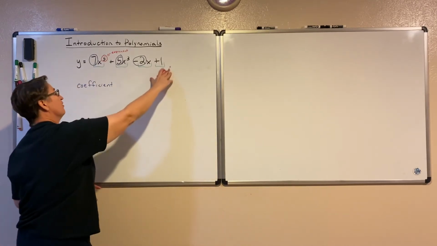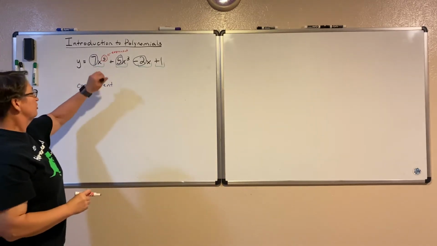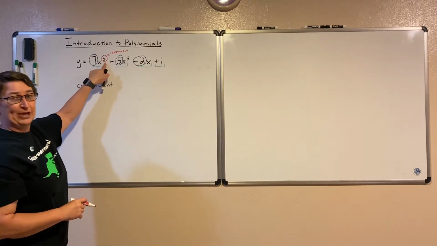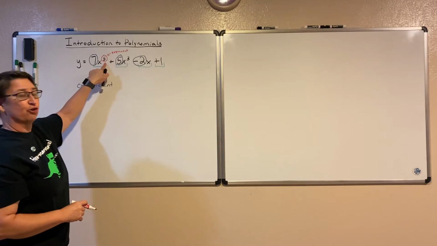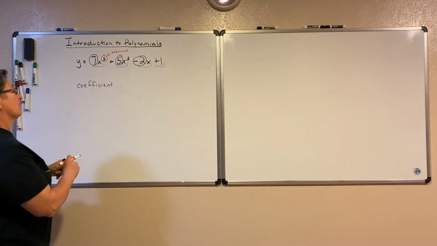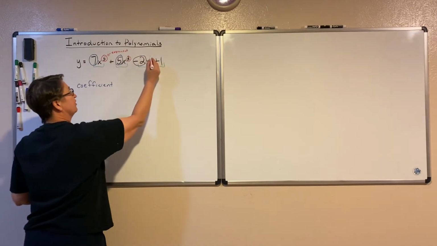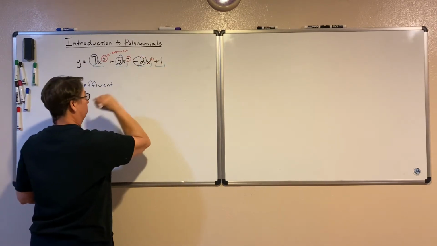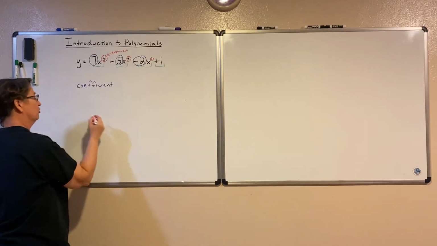If we just look at each individual term, we call that its degree. It's the degree of the term. The degree of that term is 1. The degree of that term is 0.